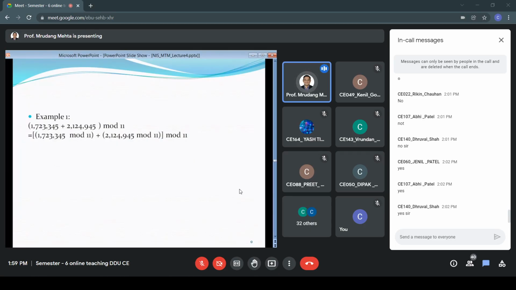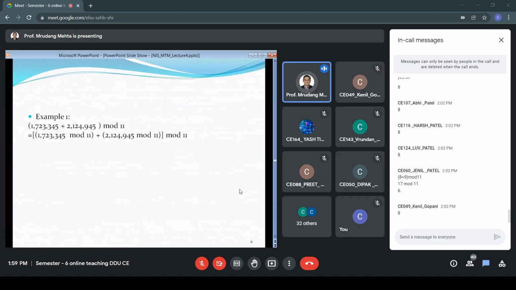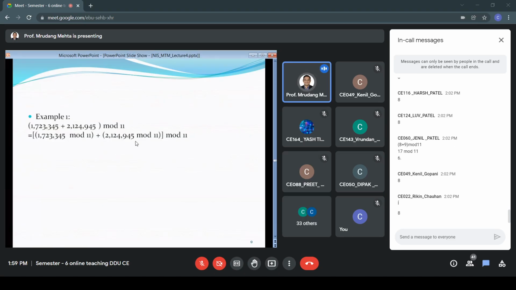Okay, so can you give the answer of this step? 1723345 mod 11. What is the answer? 8. Okay, many of you have given answer 8. Kenil, Gopani, some new students are also answering. That is a good thing. And what is the answer of the second one? 2124945 mod 11 is 9.